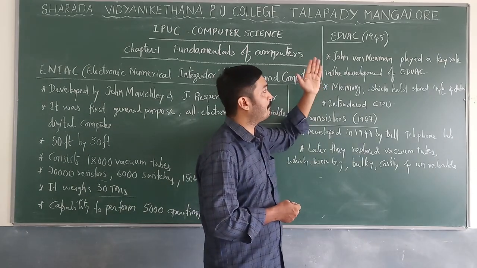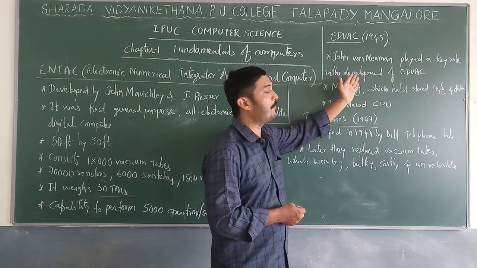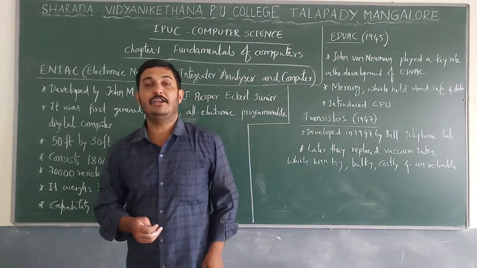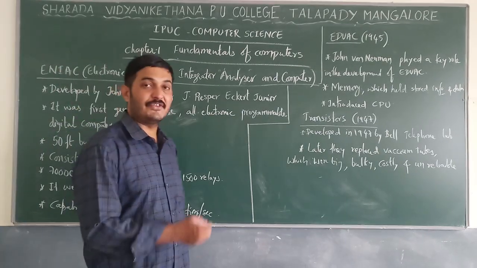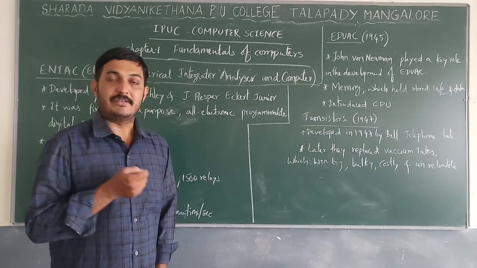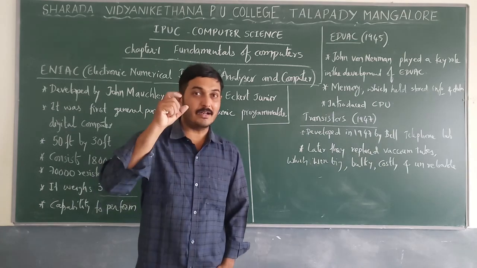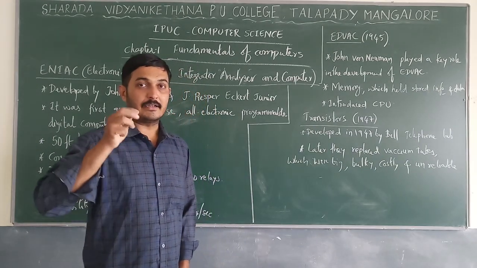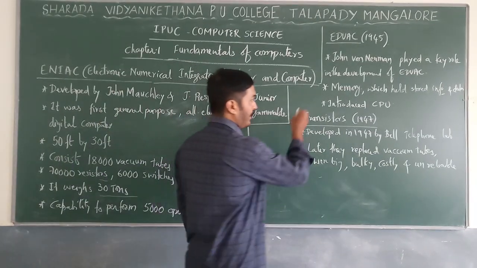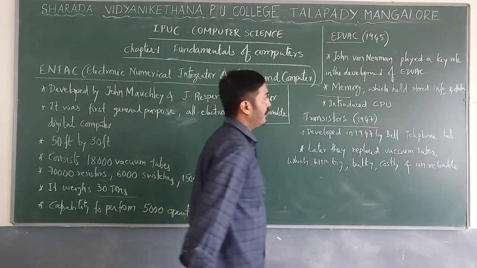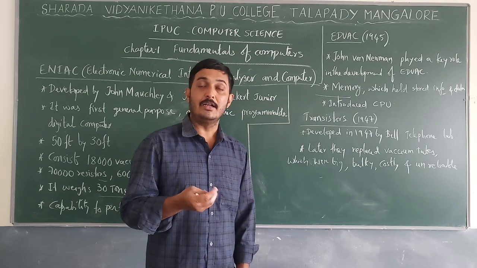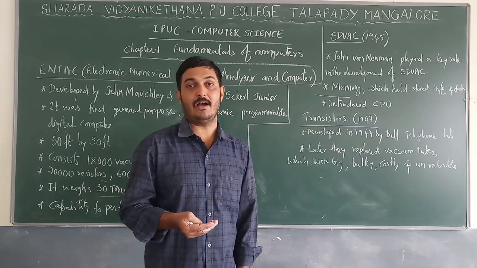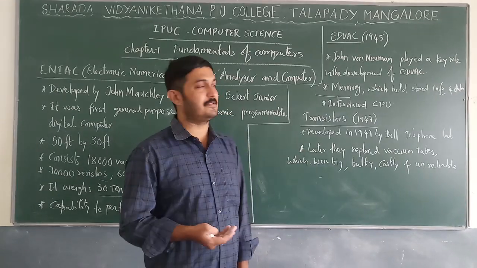John von Neumann played a key role in the development of EDVAC, and here it uses memory. The concept of memory was introduced in this case, which held stored information and data, or we can say the stored program concept.